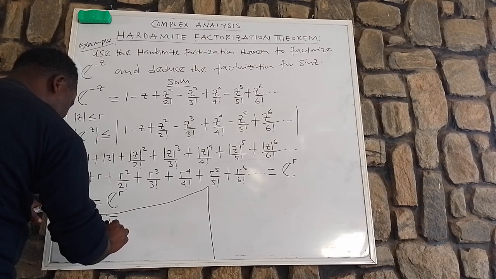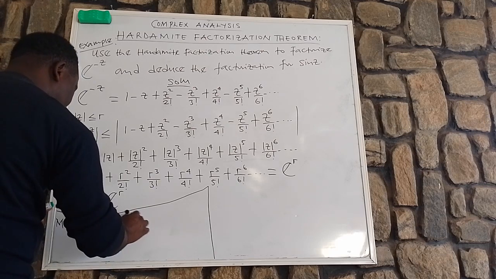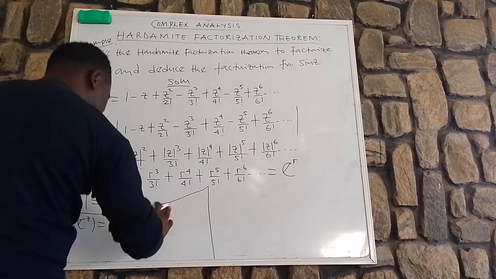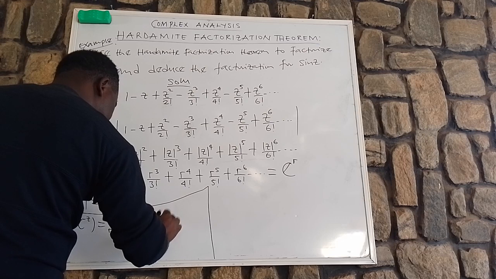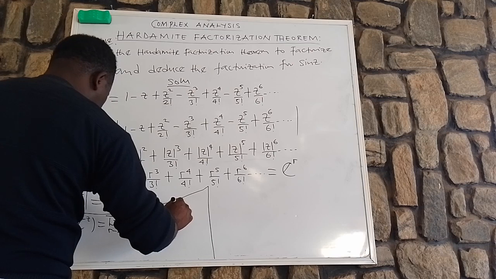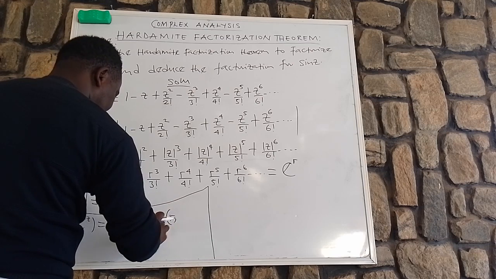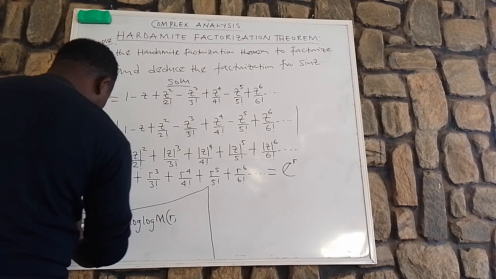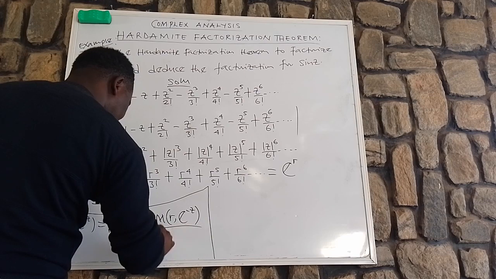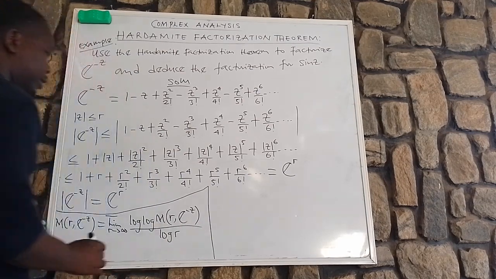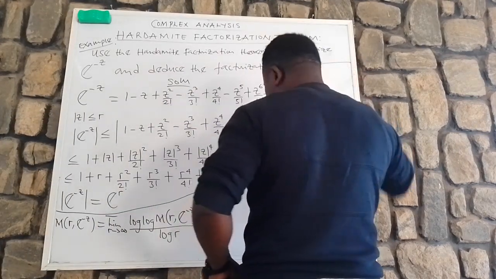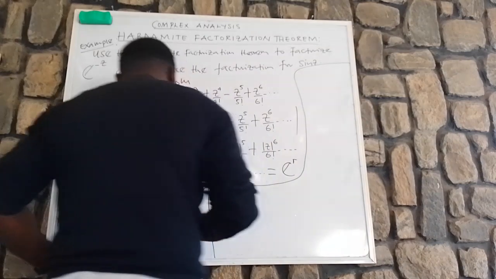Upper limit r tends to infinity of log log n of r, comma, this exponential minus z, amen, all over log r, amen. So if you agree with me, we are going to solve this together.